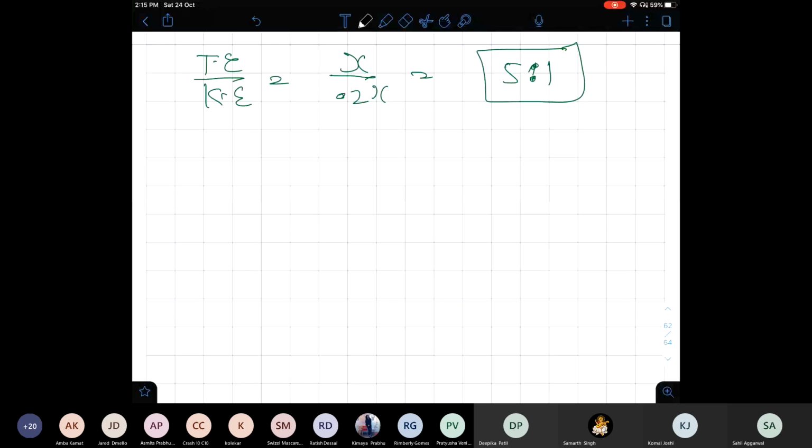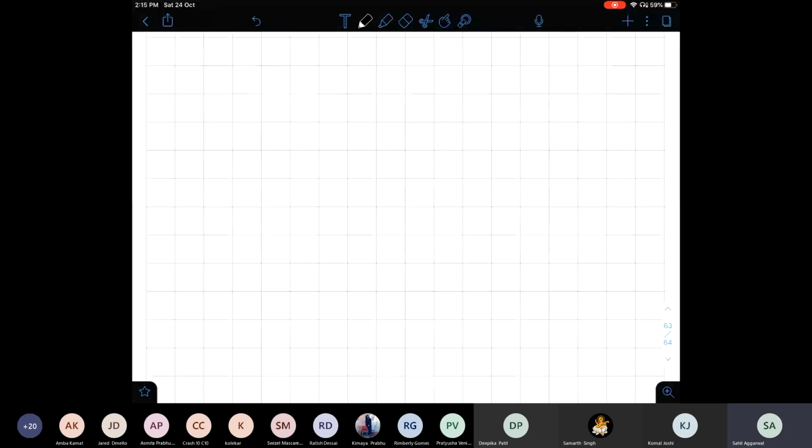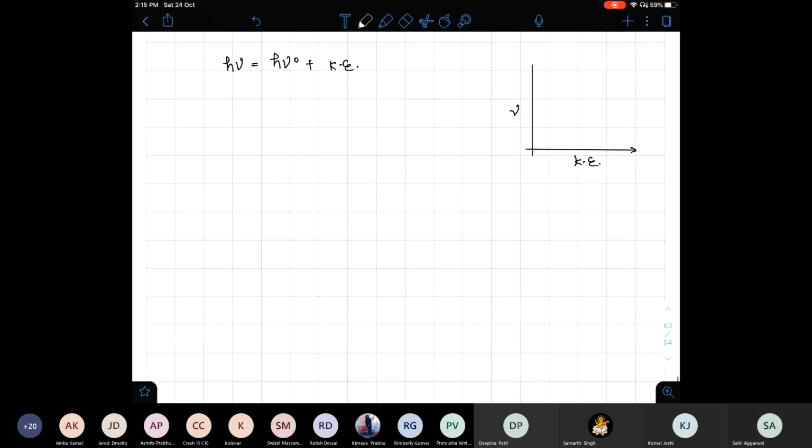Now, if we plot a graph between frequency and kinetic energy, then what type will it be?